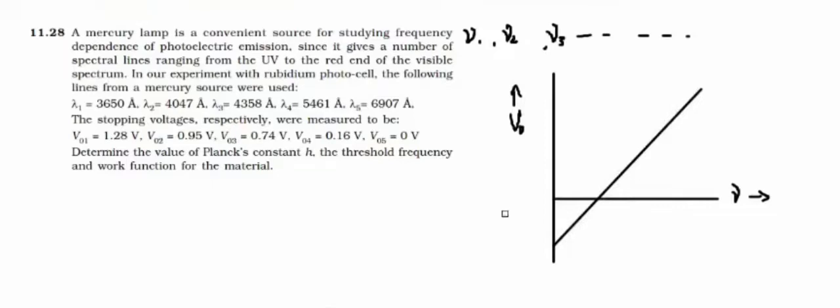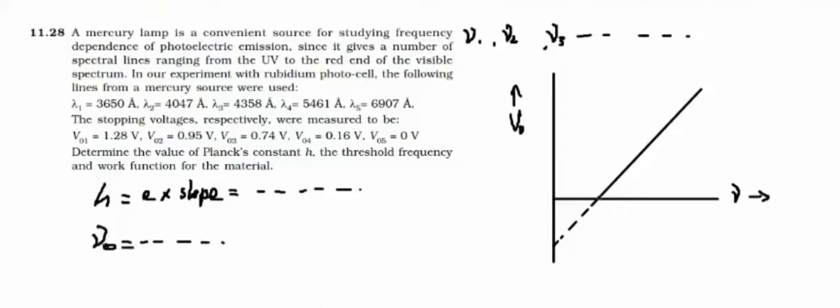This way you will get the graph. Once you get the graph, what are the quantities we have to calculate? Planck's constant we have to calculate. So how to calculate Planck's constant? h is equal to e into the slope of the graph. You will get Planck's constant. Then you have to calculate the threshold frequency, nu naught. Threshold frequency is the frequency at which the graph meets the x-axis.